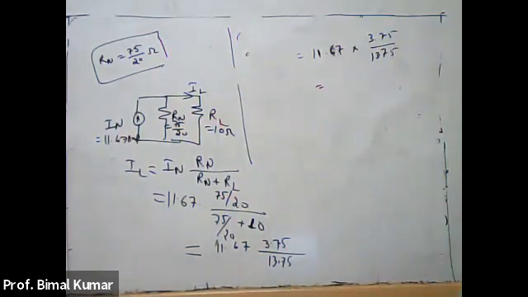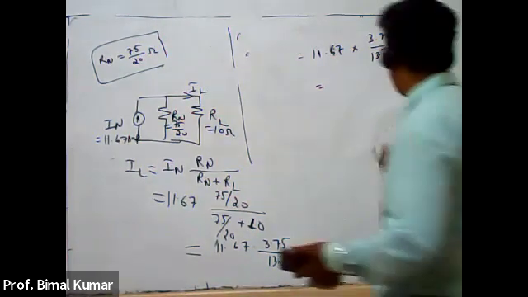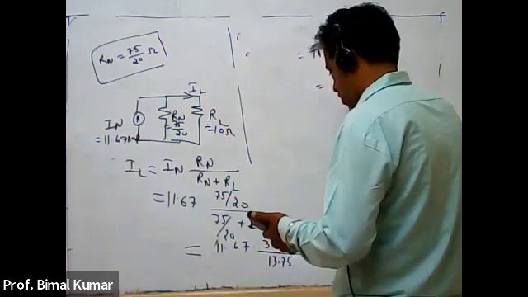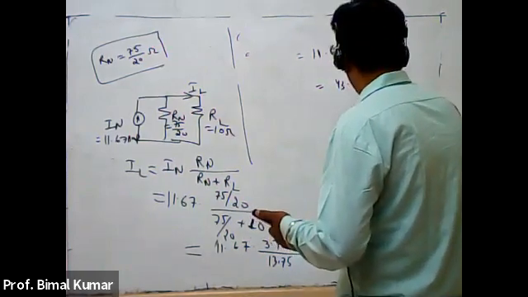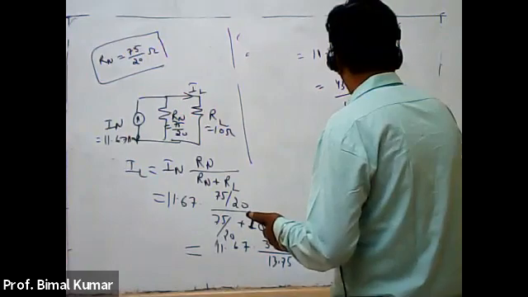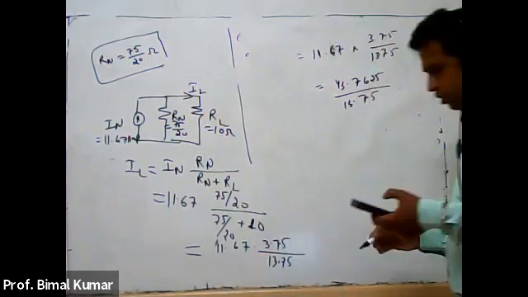So this is equal to 3.75 multiplied by 11.67, that will be 43.7625. 43.7625 divided by 13.75, right?